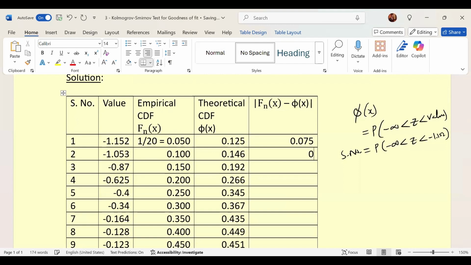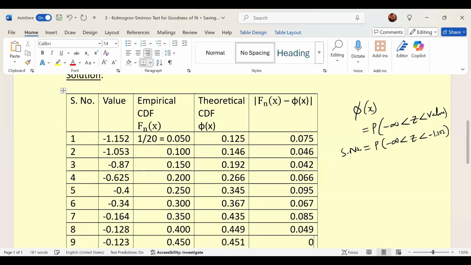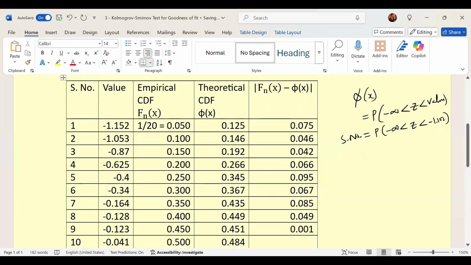Next one will be 0.046. Next 0.042. Then 0.066. Then 0.095. 0.067. Then 0.085. 0.04. 0.001. That is the 9th serial number.